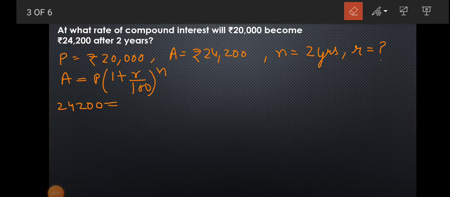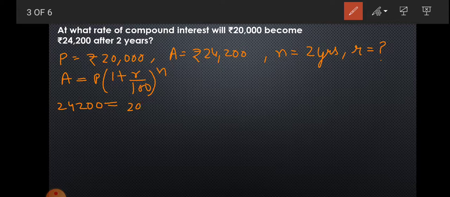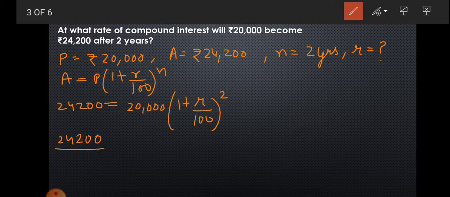Value of principal is 20,000. 1 plus we need to find rate by 100 raised to the power 2. Write 24,200 as it is and divided by principal 20,000 is equal to 1 plus r by 100 raised to the power 2.